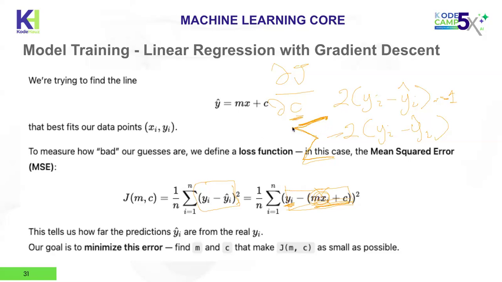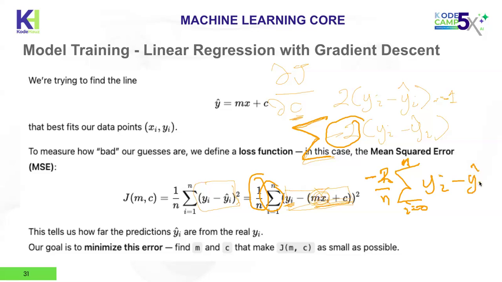We sum all of them across all of them, and you get that same thing. So this same sum comes in and this same average comes in, and you end up with 1 over n times minus 2. Because the minus 2 that is here is common to all of them, it is going to come out. And then you do the summation, i from 0 to n, and then it will be just yi minus yi hat. That's all.